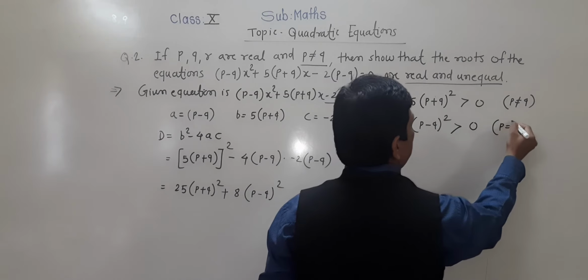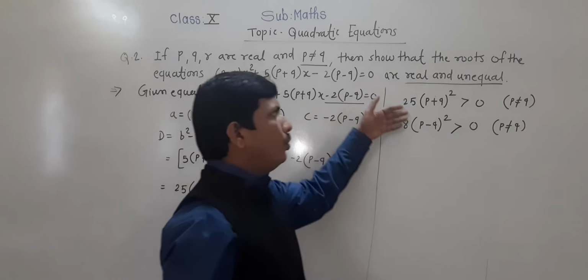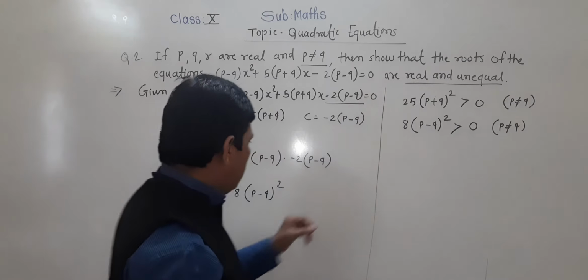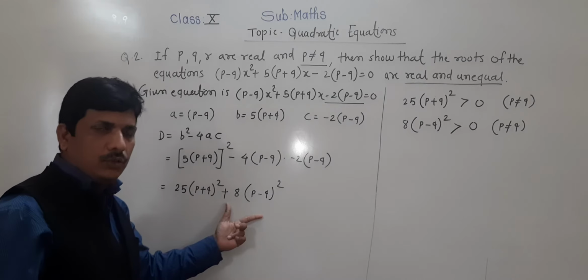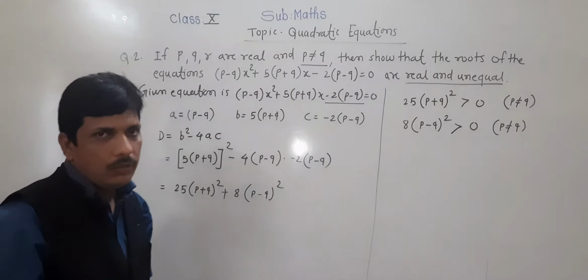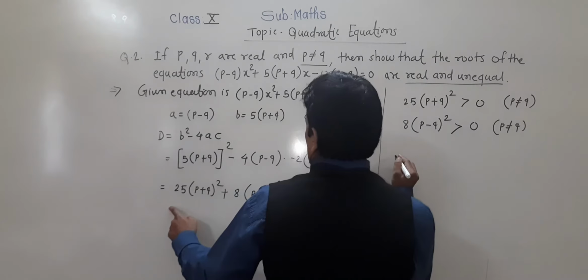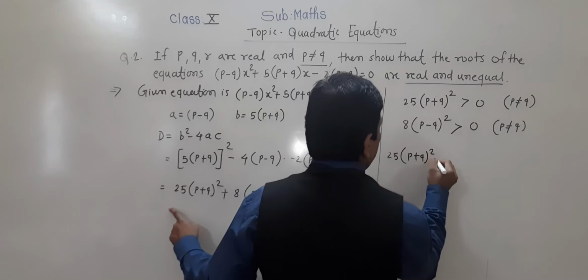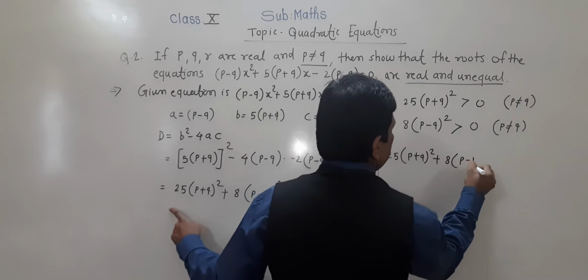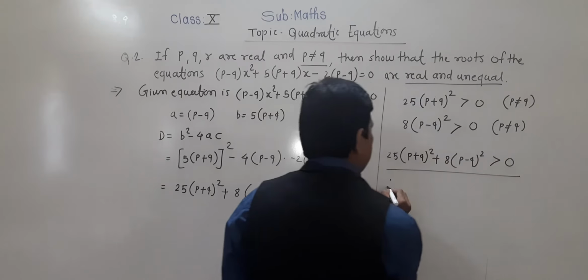So here also we can see the same condition we are using. If this term is greater than 0 and the second term is also greater than 0, then definitely the sum of both the terms will be greater than 0. Understood? So we can say 25 (p plus q) bracket square plus 8 into (p minus q) bracket square is greater than 0.